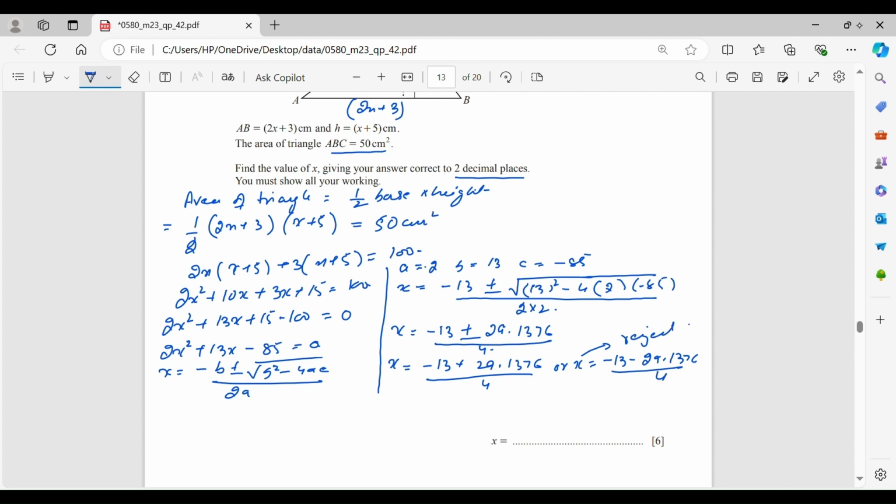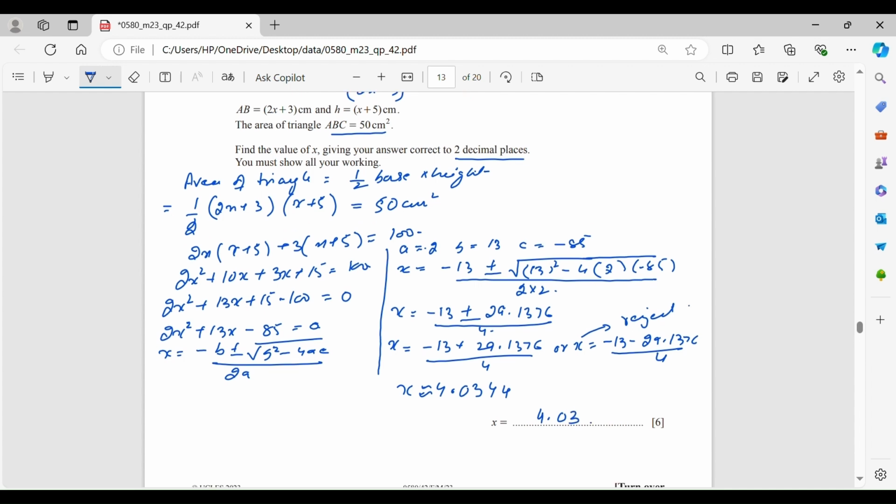So x, we will use a calculator for this, x is approximately equal to 4.0344, approximately this. So I will take it as 4.03. Our answer is 4.03, right, in 2 dp.